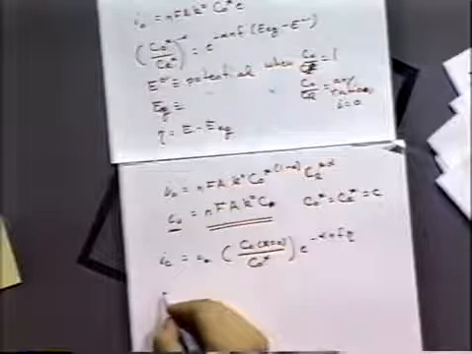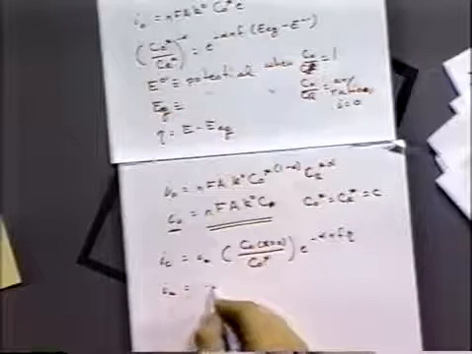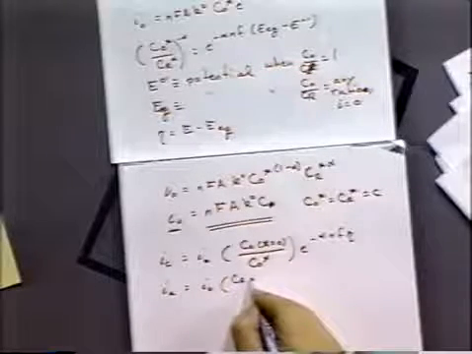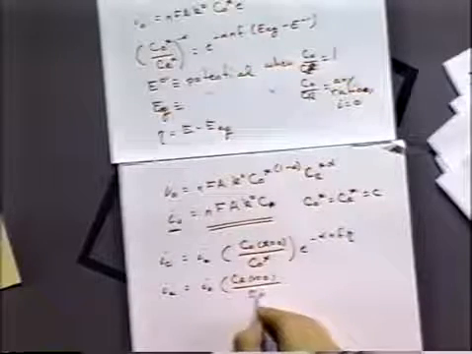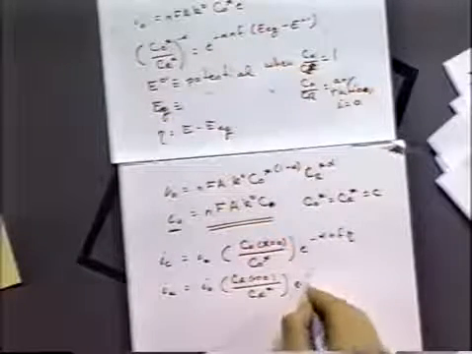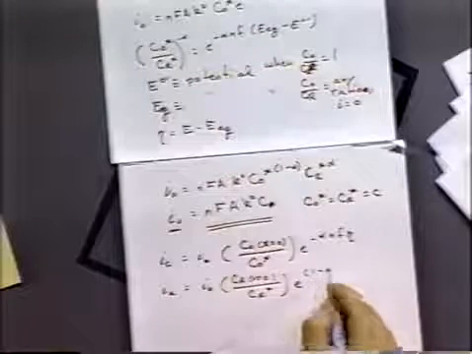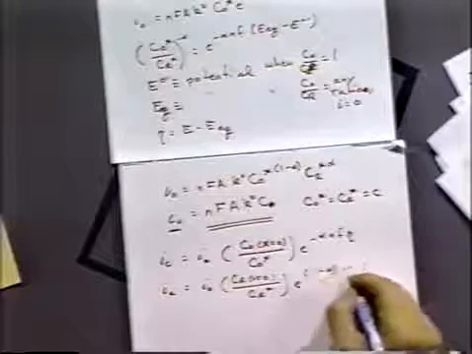We'll use eta now to indicate the potential dependence as E minus the equilibrium potential. And I sub A would be a similar expression, but e to the 1 minus alpha NF eta.